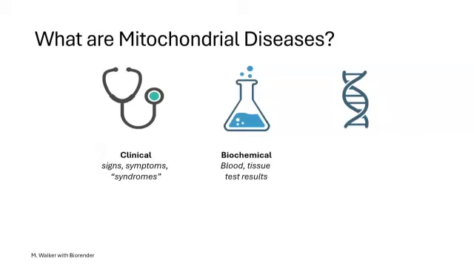In mitochondrial disorders, we often, in the past in particular, have used biochemical tests to help us understand and diagnose these conditions, including tests that were done on blood and tissue. And most recently, we started using genetic testing, which is gene sequencing. And that's been one of the organizing features and thought processes around mitochondrial diseases.